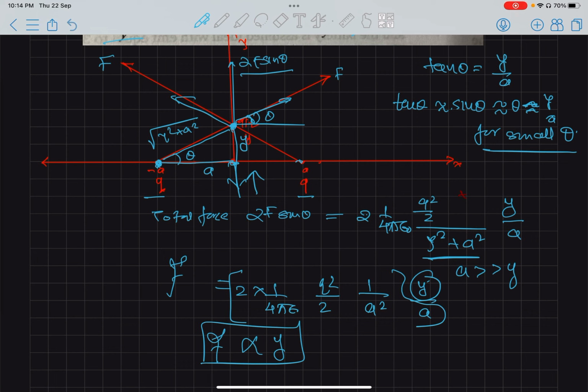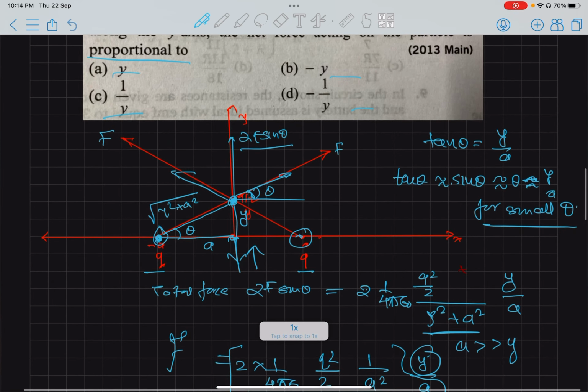So the particle with charge q by 2 would perform an oscillatory motion had it been oppositely charged as compared to these two charges. But in this case, the charge is going in the y direction and the total force is in the y direction, so the charge will keep on moving in that direction.